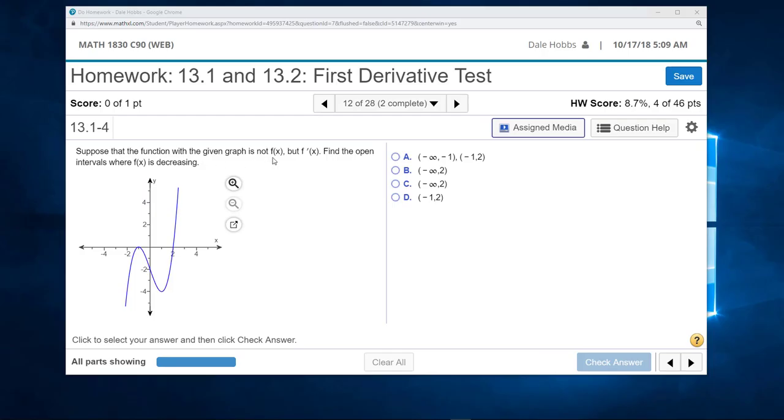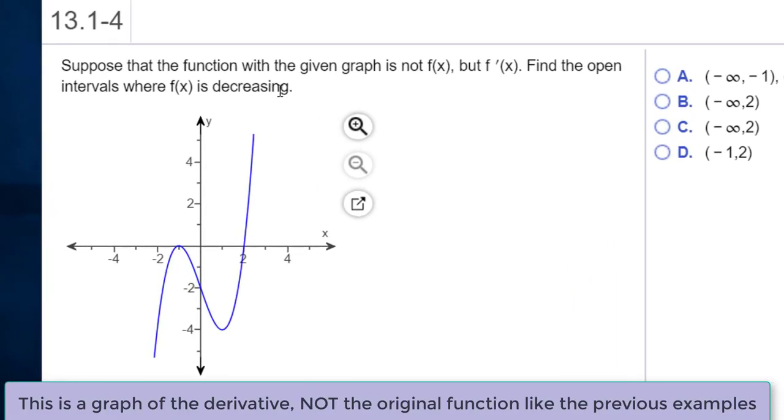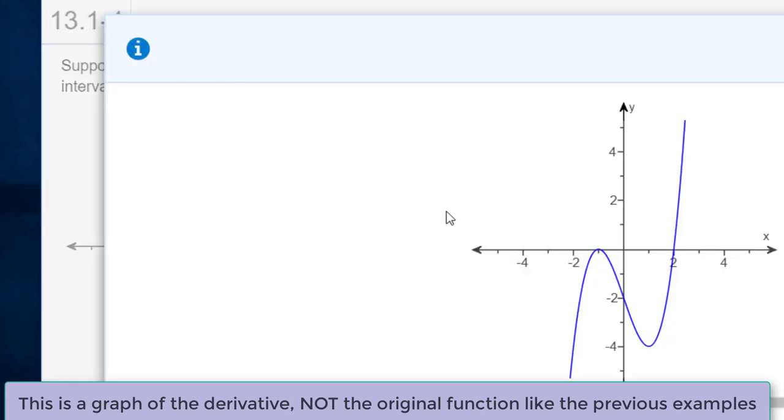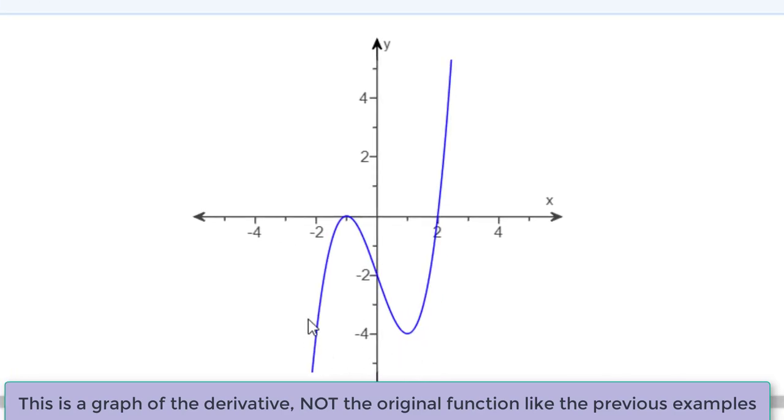The next set of problems changes the game a little bit by giving you a graph of the derivative and not the original function. So definitely make sure you're careful when you're dealing with this kind of problem. Whenever you want to tell where the original function is decreasing, the derivative has to be negative.